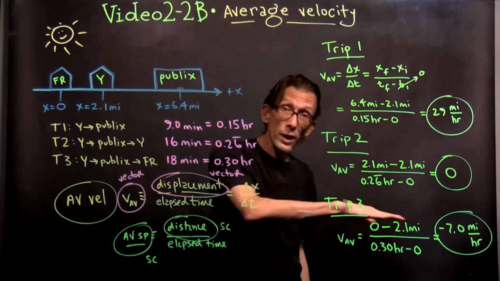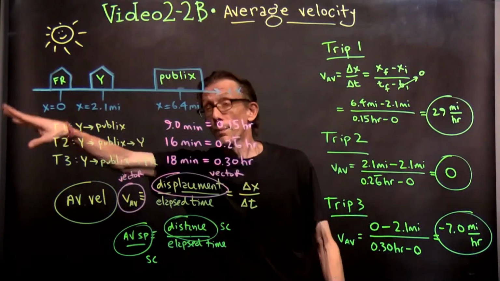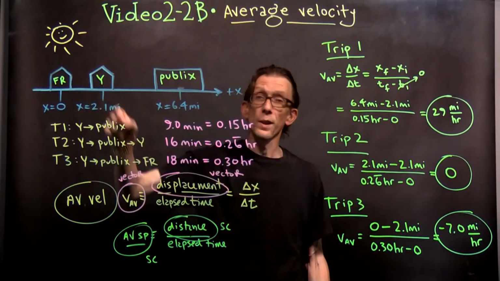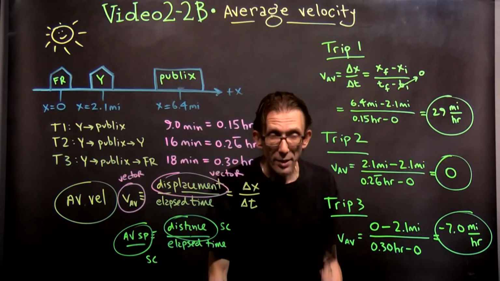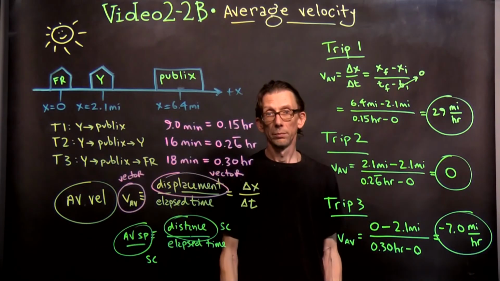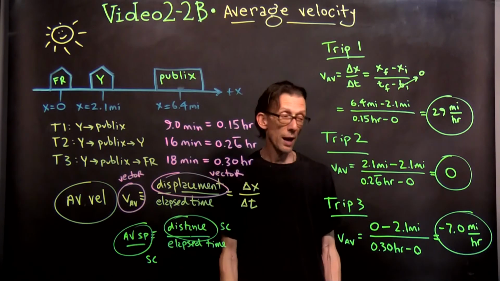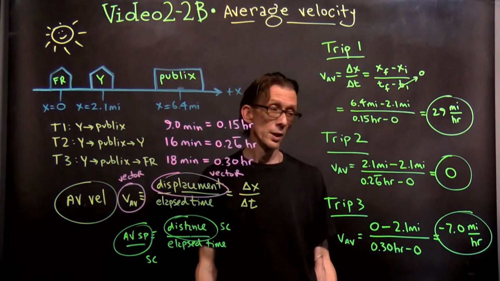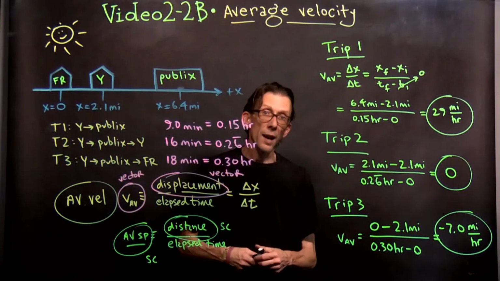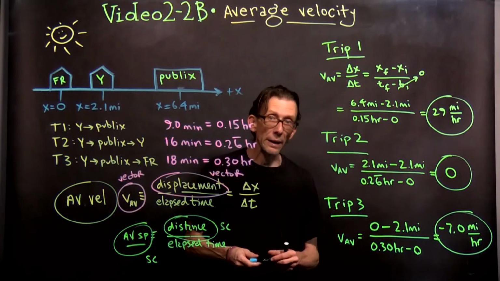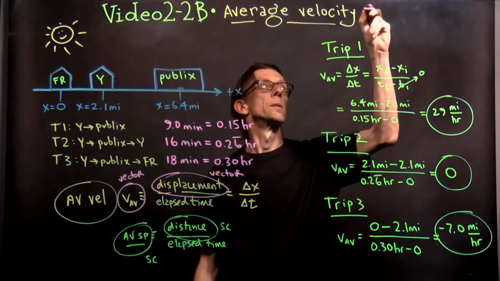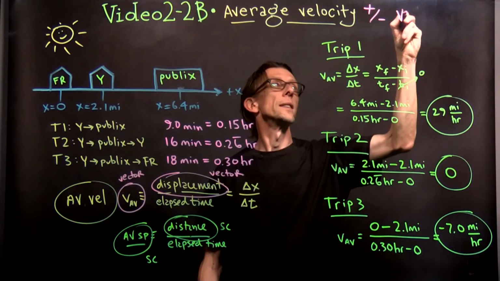It says something about your direction. It says that you ended up to the negative side of where you started. You started at your house, you ended up at your friend's house. Your average velocity was in the negative direction. Okay? Your average velocity was in the negative direction. So these signs for average velocity carry directional meaning. All right? Average velocity can be positive or negative, and it is a vector.